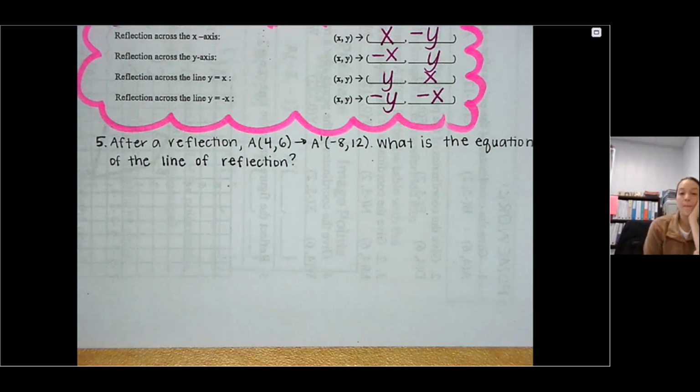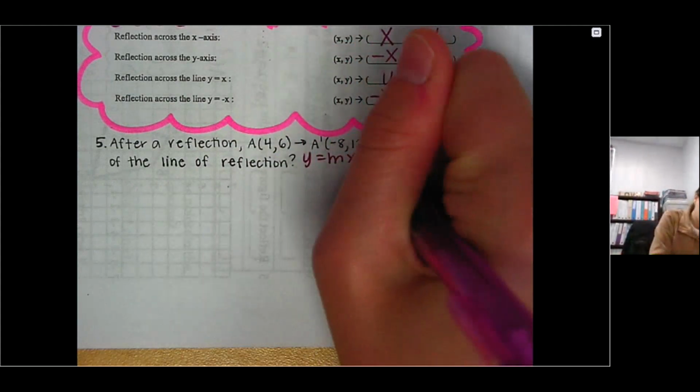After a reflection, point A is at 4, 6, and it goes to point A prime, which is -8, 12. What is the equation of the line of reflection? Now, we've already had some practice writing equations of lines. We know to write an equation of a line, I need to use y equals mx plus b.